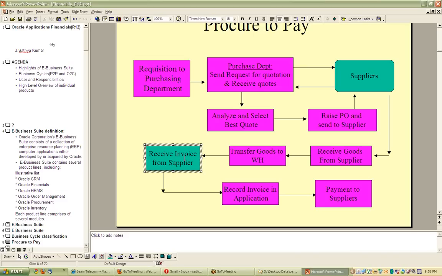The moment you record it in the application, this invoice becomes a contractual agreement, a contract. The agreement which was initially created by a purchase order becomes a contract when you record the invoice in the application, and a liability gets put against the supplier and you end up paying the supplier. So this is what a procure to pay cycle is all about.